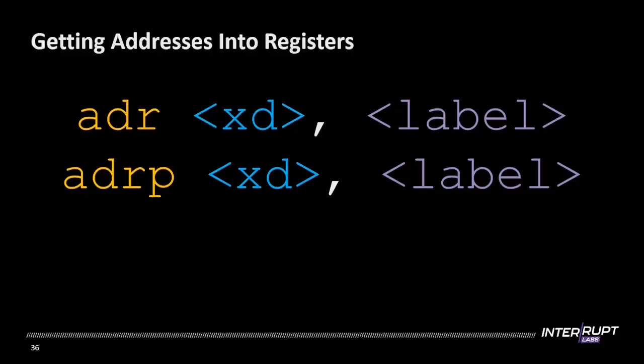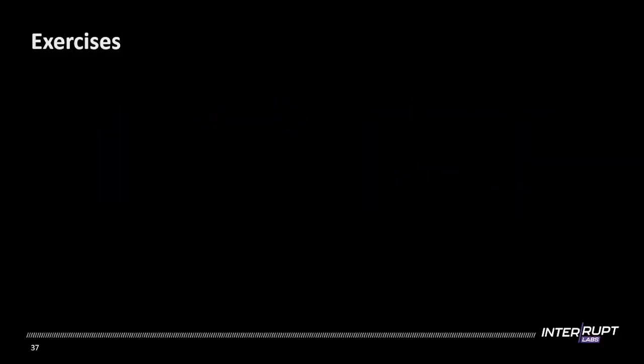And because of this, ADRP lets you reach 4096 times further than ADR. It's common to use ADRP to get the page of an address and then add with an immediate to go from that page to the actual address. So, on to the exercises, which are ARM64 memory and stack 1.